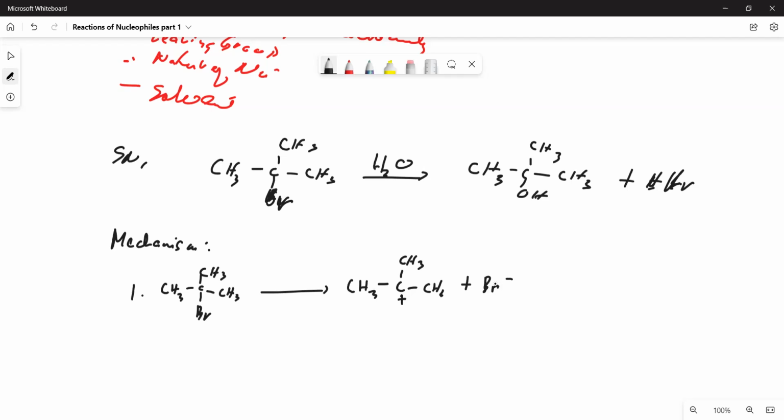Unlike in SN2, the halogen will not leave the carbon unless the nucleophile starts to attack.